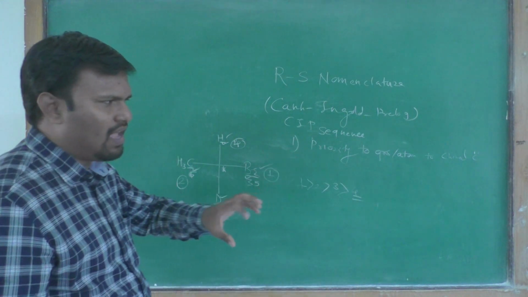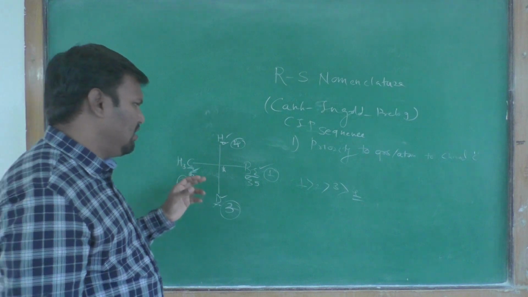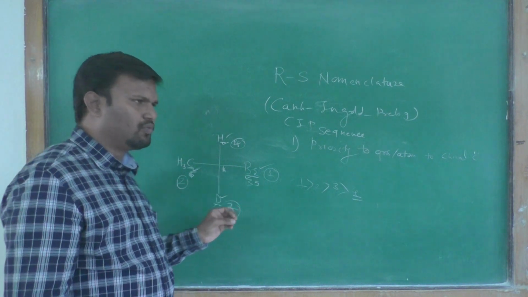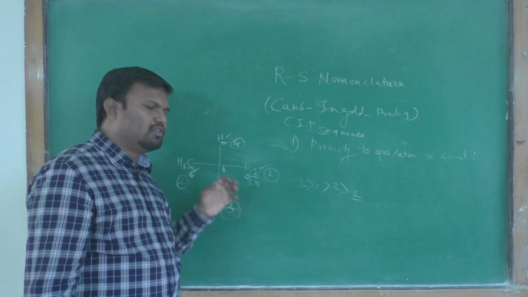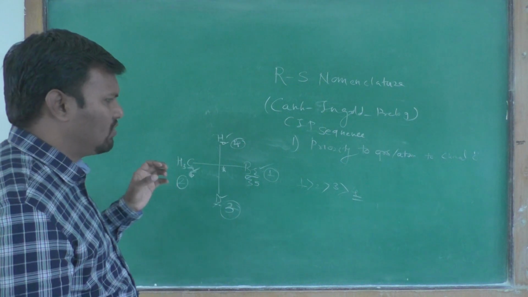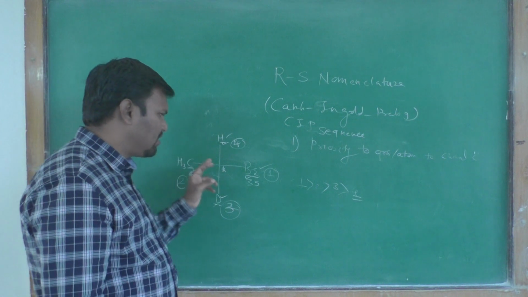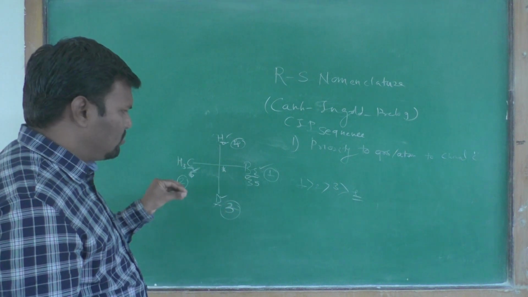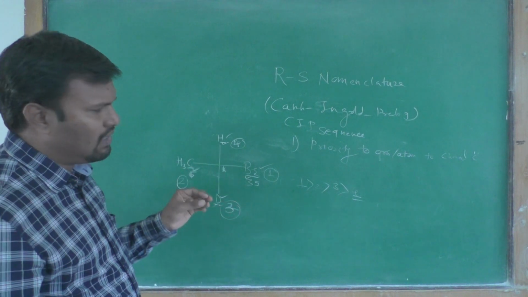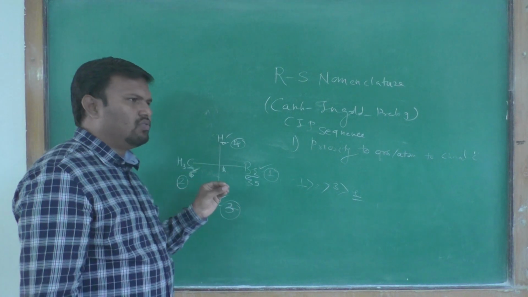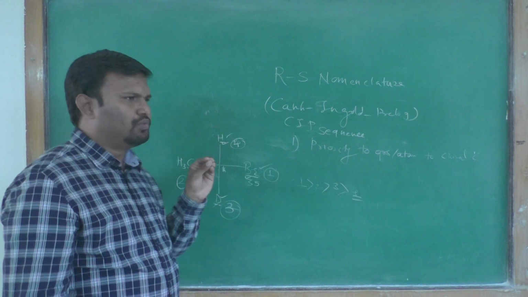The first rule we have learned is that if 4 different groups are attached to the chiral, central atom or stereo center, then according to the atomic number we give priority to these groups.